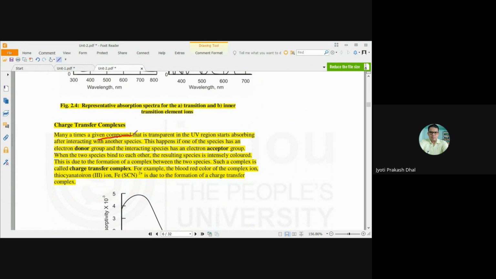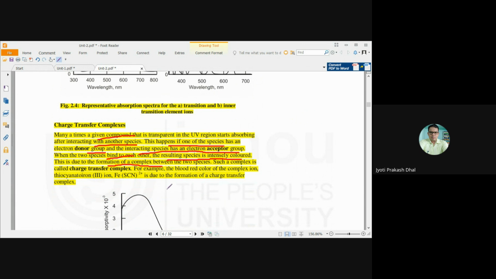Many times a given compound that is transparent in the UV region starts absorbing after interacting with another species. This happens if one species with an electron donor group interacts with a species with an electron acceptor group. When the two species bind to each other, the resulting species is intensely colored. This is due to the formation of a complex between the two species. Such a complex is called a charge transfer complex.